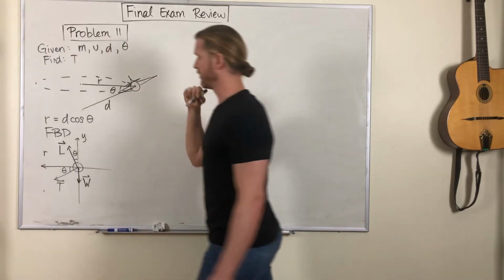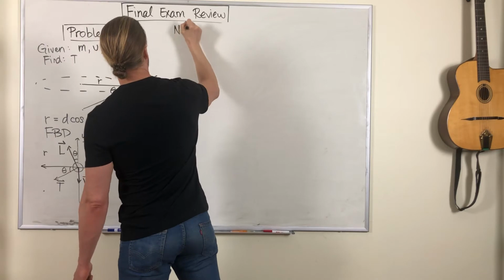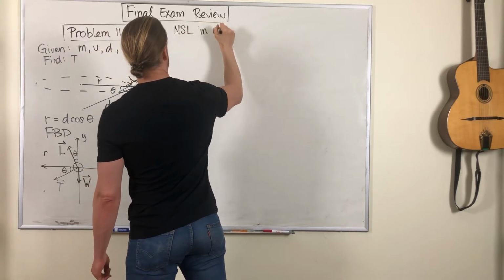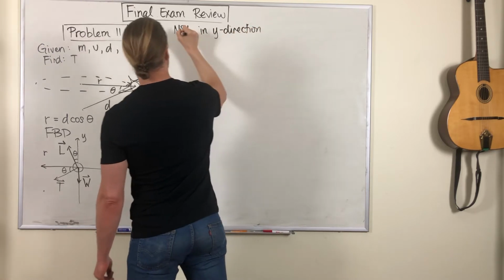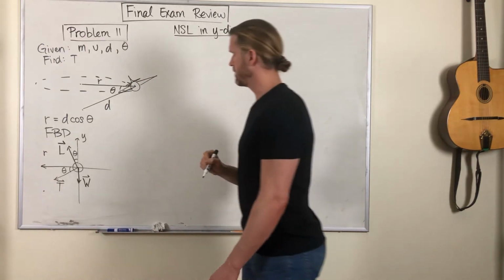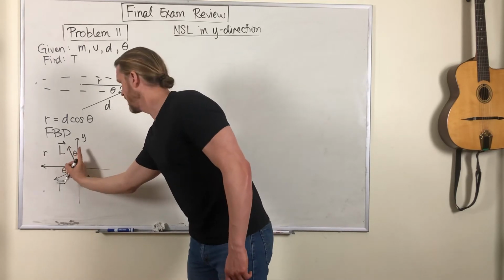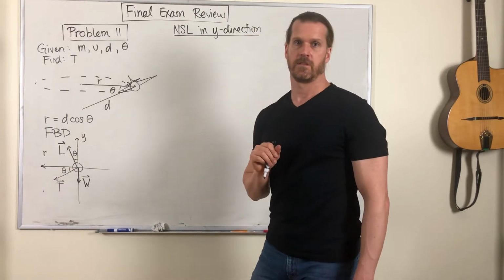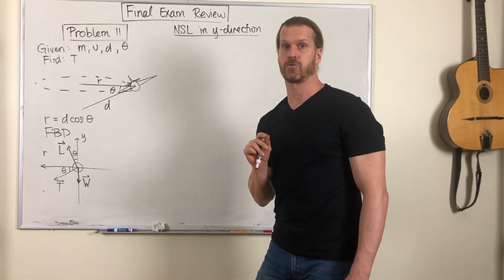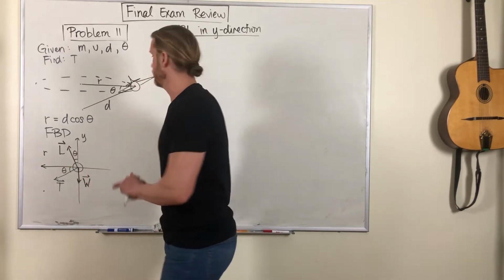I'll start out with Newton's second law in the y direction. Let's look at the lift force in the y direction. The component of the lift is L cosine theta, because that is adjacent to the angle.